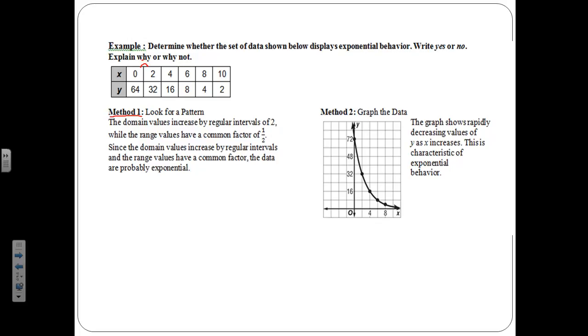As the domain is increasing by intervals of 2, your y values have a common factor of 1/2. So we're multiplying the y values by 1/2 or dividing by 2.